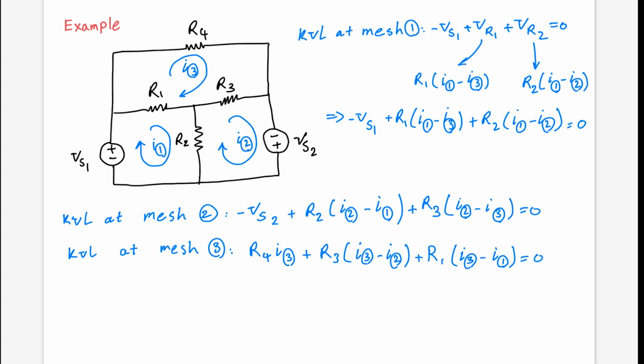So we have equations number 1, 2, and 3. We have 3 equations and 3 unknowns, and we will find I1, I2, and I3 easily. So now let's go to the other example and see how to deal with circuits with this method.